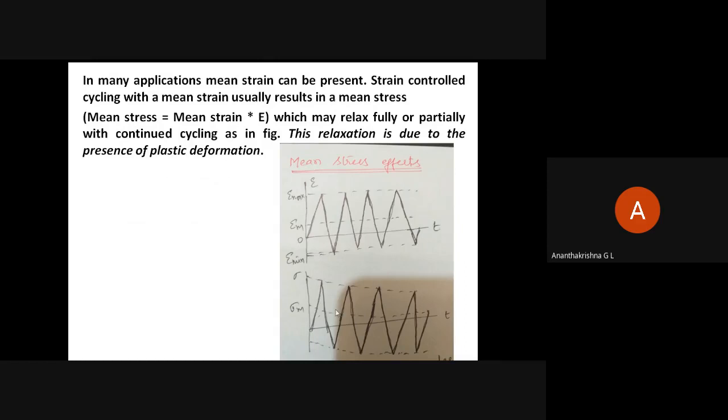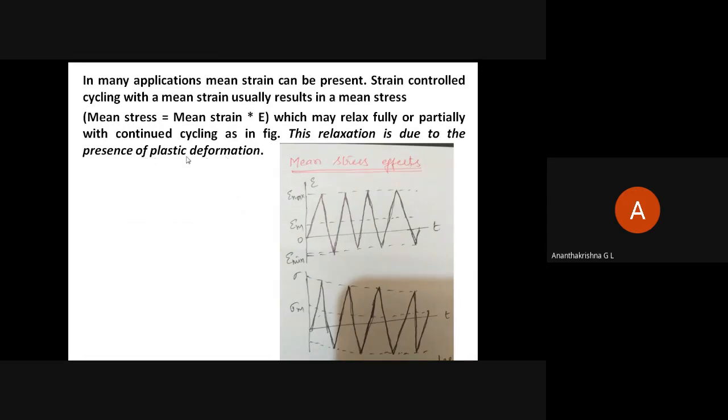So we discussed a bike stand spring where the stand will not go back as it does in the beginning. Once you use the bike stand for two or three years, the stand will not go back to its position quickly because the spring attached to the bike stand would have lost its stiffness. That is, it would have become relaxed. This is due to the presence of plastic deformation.